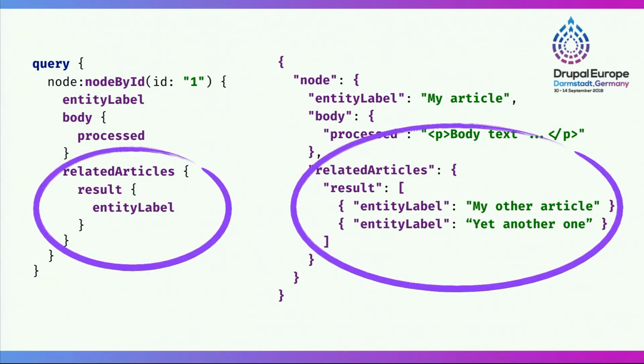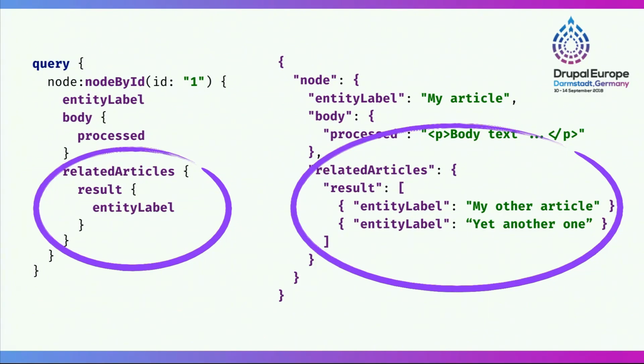What's perhaps a little more interesting is this related articles function, which is something that is not on the node object in Drupal itself. In this case, it might not even be a field, but just some function that, again, accepts this node object that is emitted by nodeById and calculates some result.